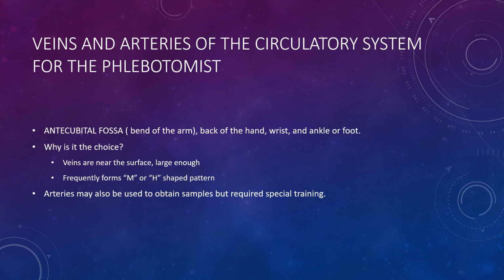So why is the antecubital fossa the choice? Because the veins are near the surface and they are large enough. As a phlebotomist, you won't have a missed extraction because the veins are quite large, and you can find them more easily compared to other veins in the body.